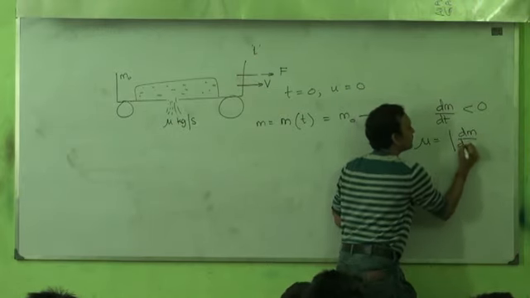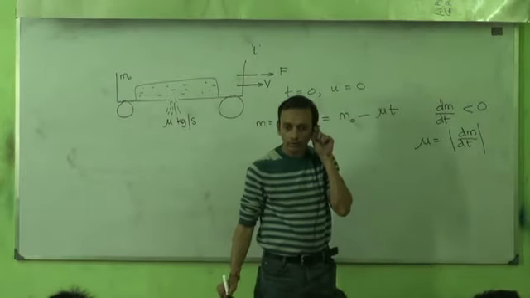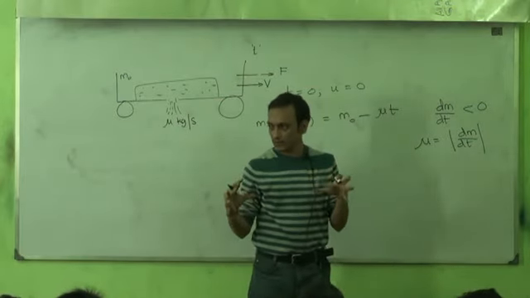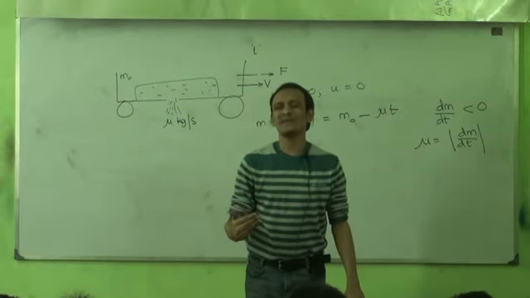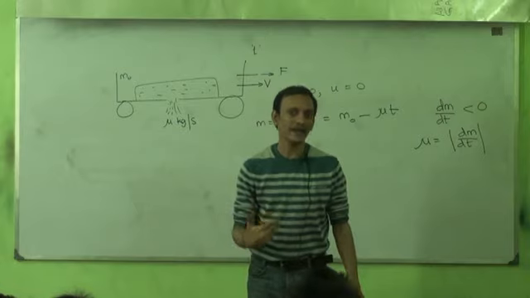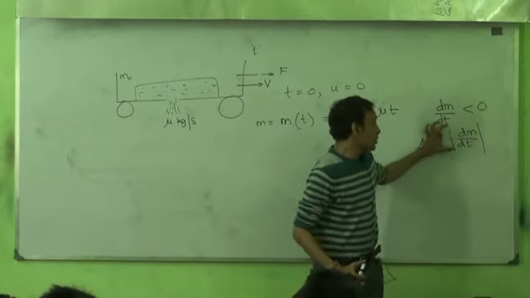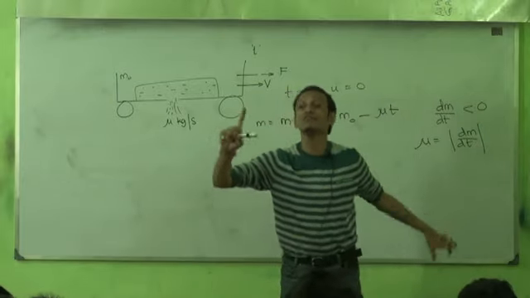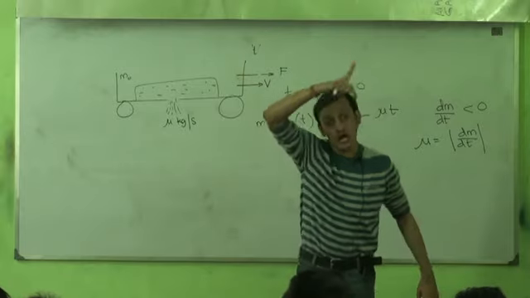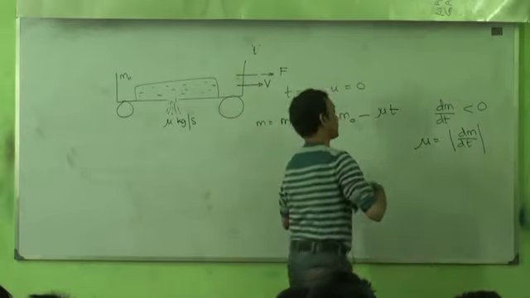Mod A is minus A when A is negative, yes or no? In this case, dm dt is negative, so mod of dm dt would be minus dm dt, because m is a decreasing function of time.